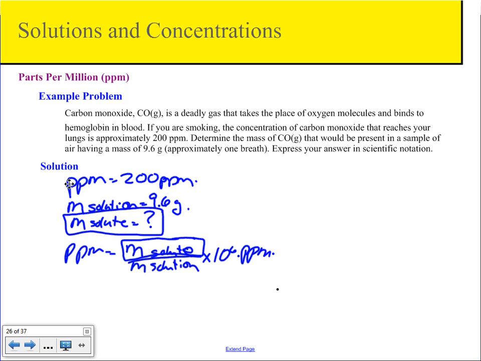Okay. So this now becomes the mass of my solute. Because I'm going to divide this by times 10 to the positive 6 parts per million, and I know that I have to times this now by mass of my solution.